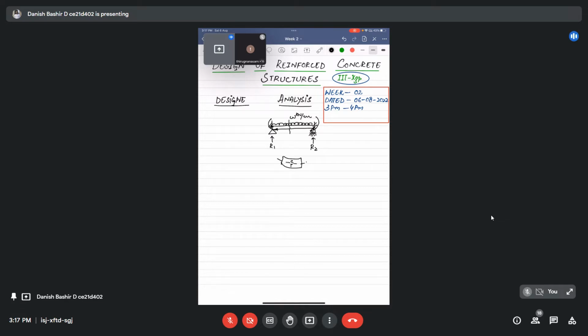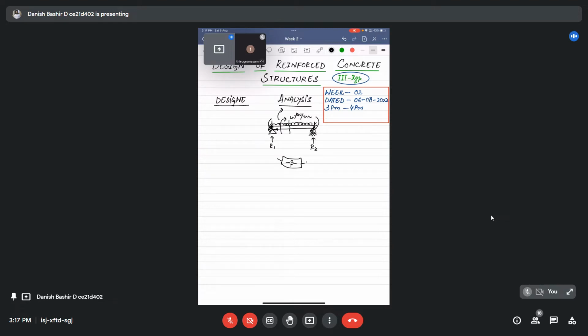Calculation of those tensile and compressive stresses also comes under the analysis part. And one more thing: if this load is not along the axis of the beam, if it is placed at some eccentricity, the beam will be subject to a twisting moment as well. Calculation of those twisting moments and all those force resultants also comes under the analysis part.